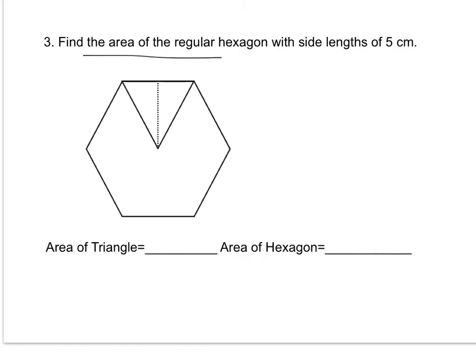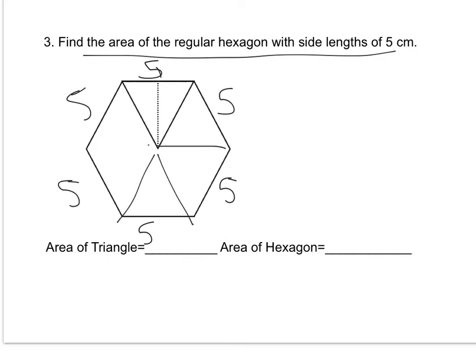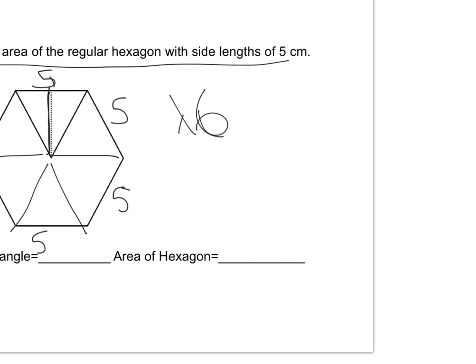So now, figuring out the area of the regular hexagon with side lengths of 5. So each side is 5. If I think about it, this becomes 6 triangles. If I can figure out the area of one triangle and multiply it by 6, that'll give me the area of the whole thing. I've got an isosceles triangle with an altitude, something that drops straight down and is perpendicular, and my bottom is 5.